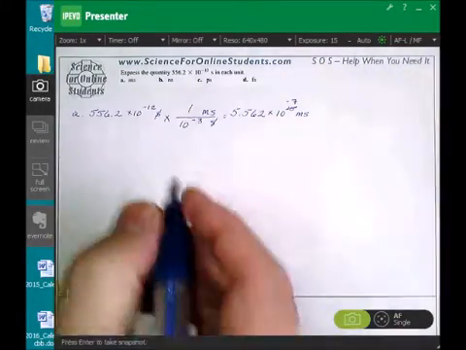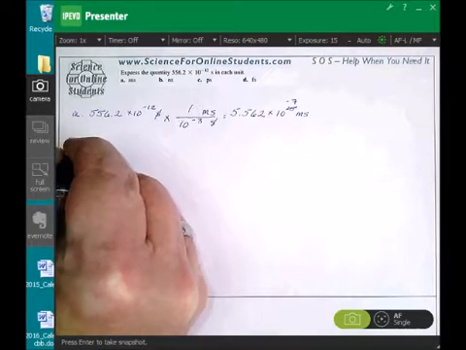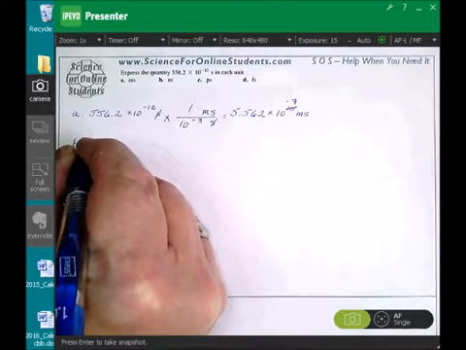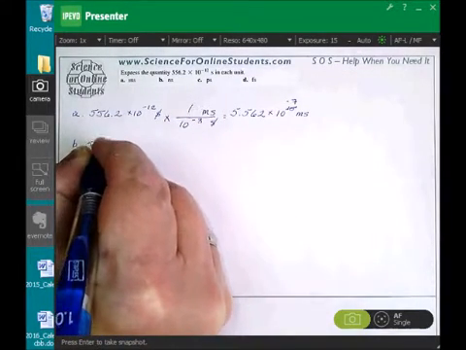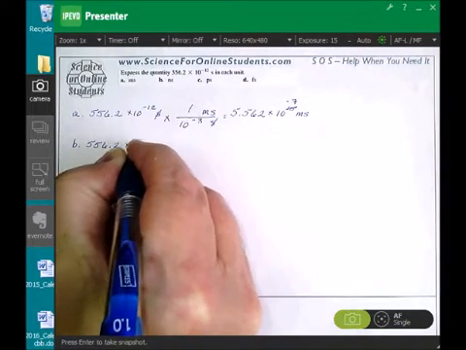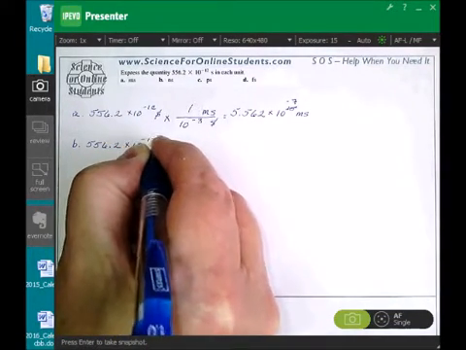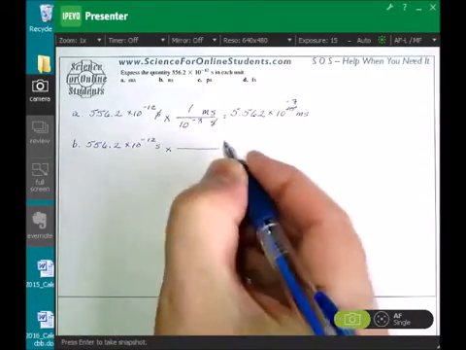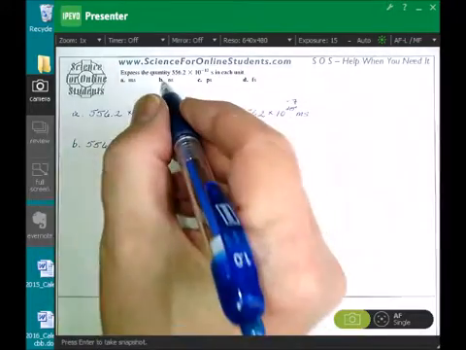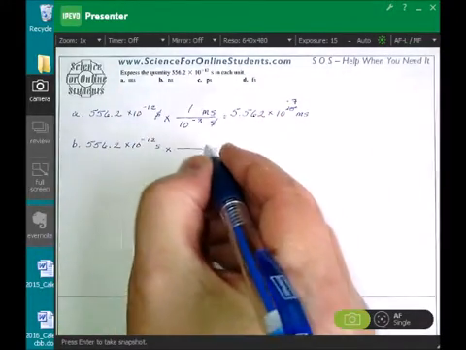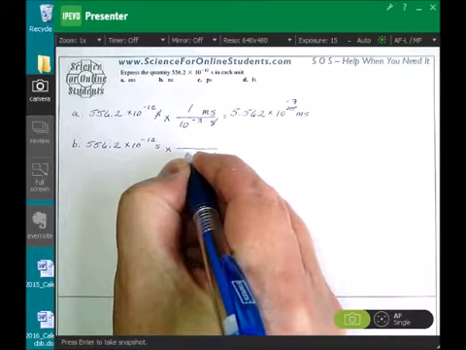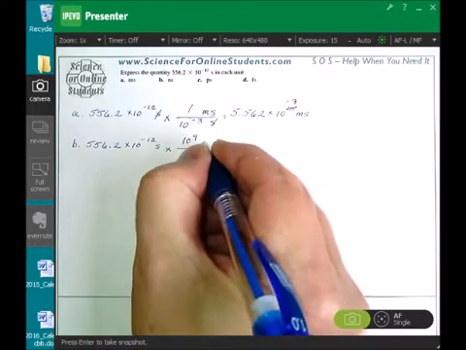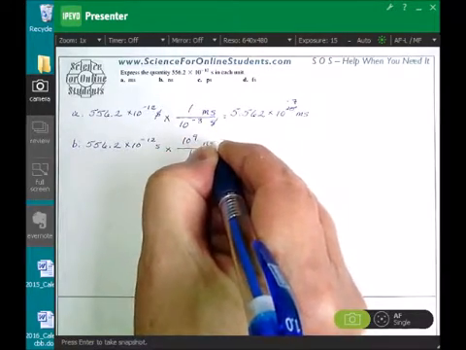Now, let's do B. We're going again from 556.2 times 10 to the negative 12 seconds. We're going to do it all over again, and we're going to nanoseconds. So I'm going to do it the other way. 1 second is 10 to the 9th nanoseconds.